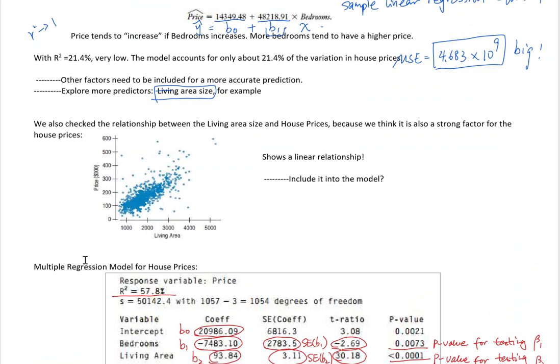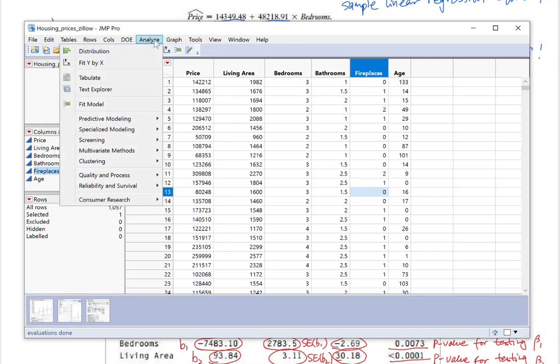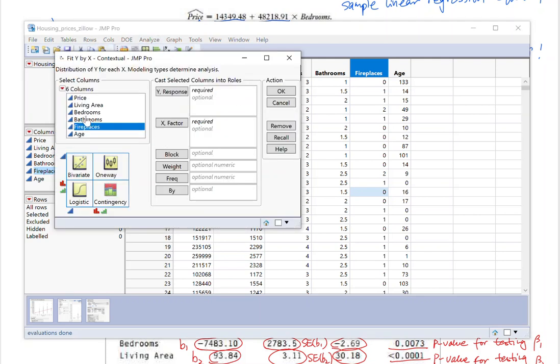That means this multiple regression should be better than the simple regression. The prediction will be more accurate than the one we had in the simple regression. Now let's also look at the relationships: the number of bedrooms and the price show a linear relationship, and we need to check whether the living area and the price also have a linear relationship.